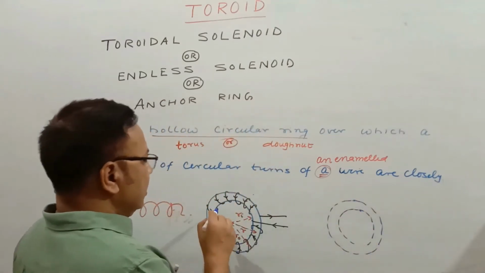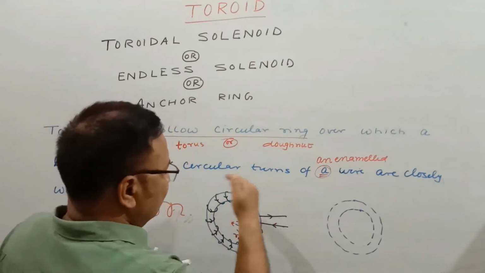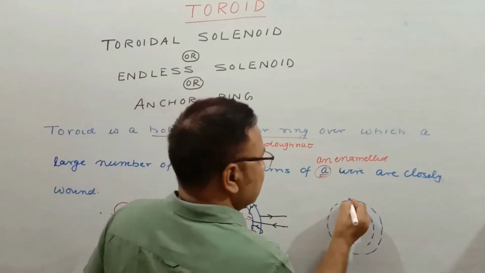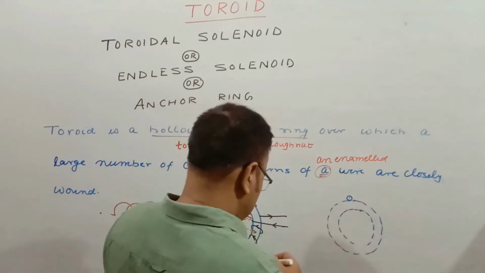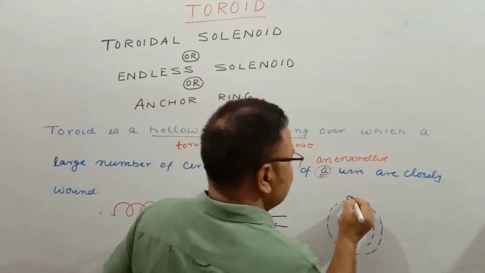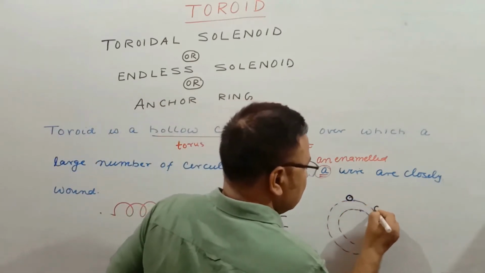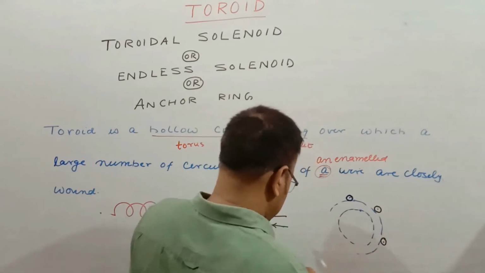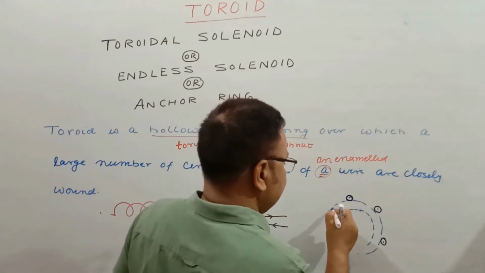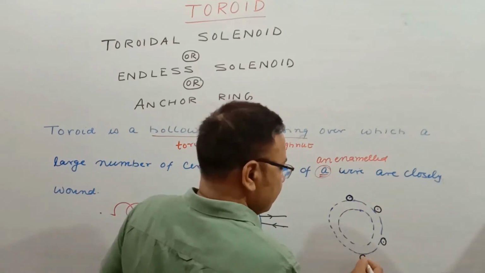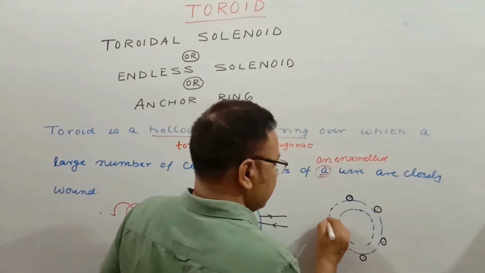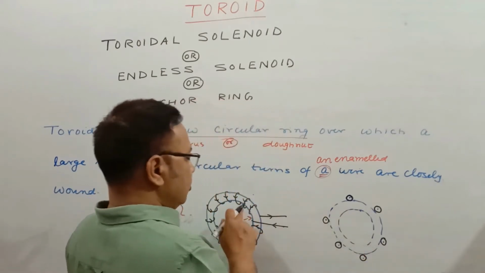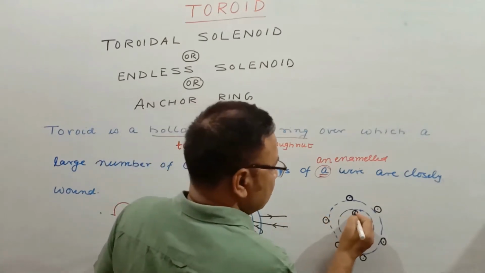Here what you see, from the outer side the wires are coming out, so it can be shown by a dot. And on the inner side it is going inside, so we are going to use a cross.